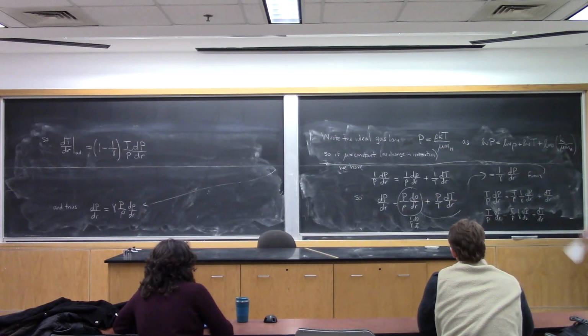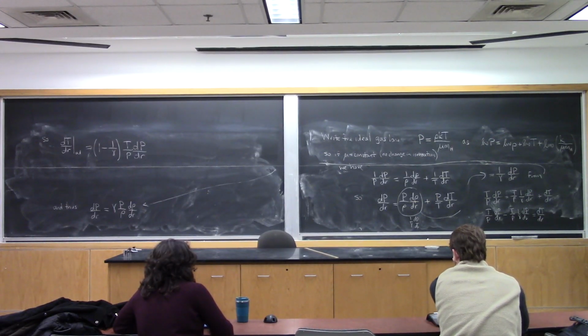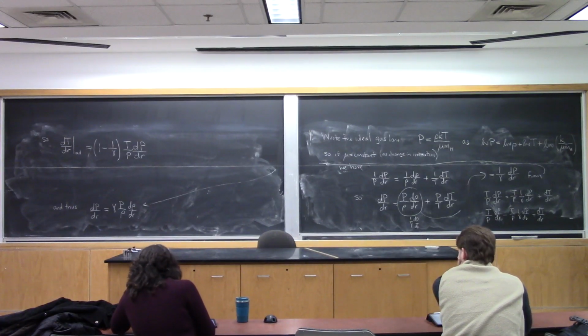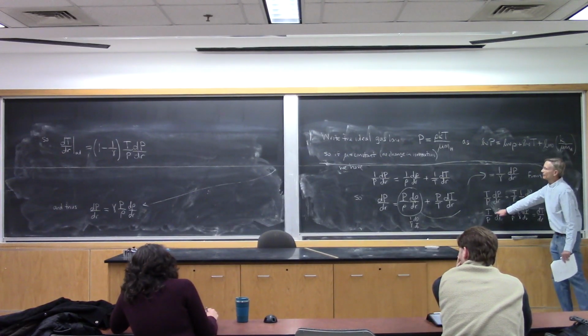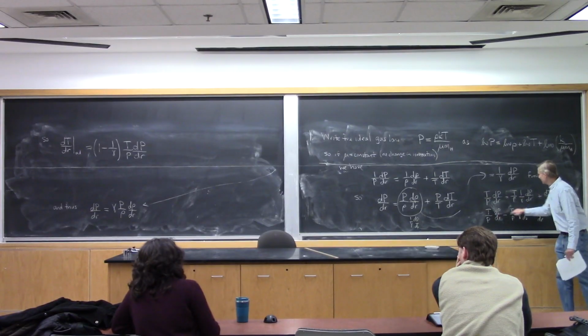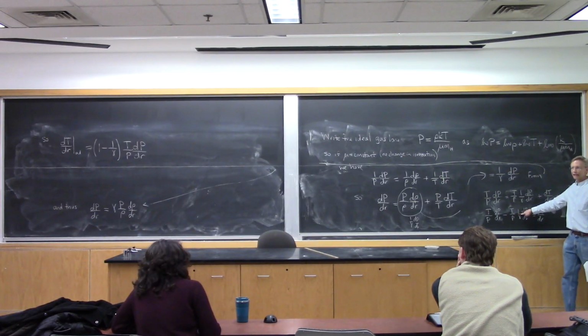And then just factor: this is T over P dP/dr times 1 minus 1 over gamma. I'm just factoring this term to get the right-hand side of the other one.